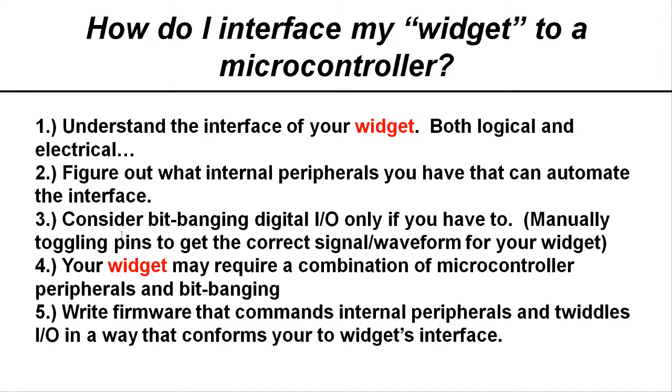All right, so the last step is you write firmware that commands the internal peripherals and twiddles the I/O in a way that conforms to the interface of your widget. So if your widget needs 10 data lines and they have to toggle at a certain rate, you have to write software, actual code that will move those I/O pins or command the internal interfaces to make it happen.